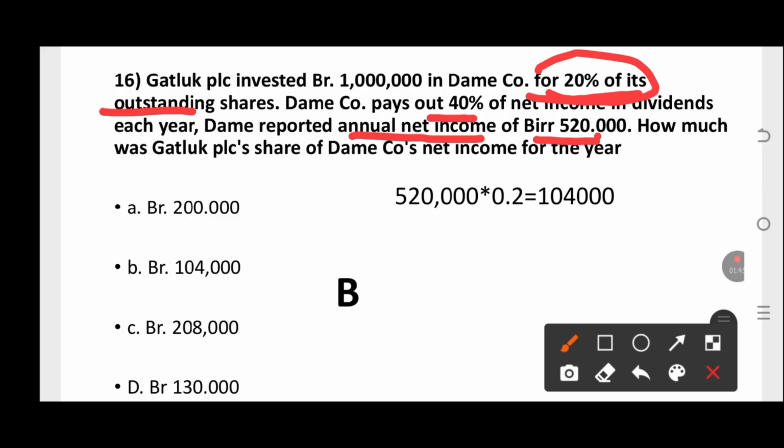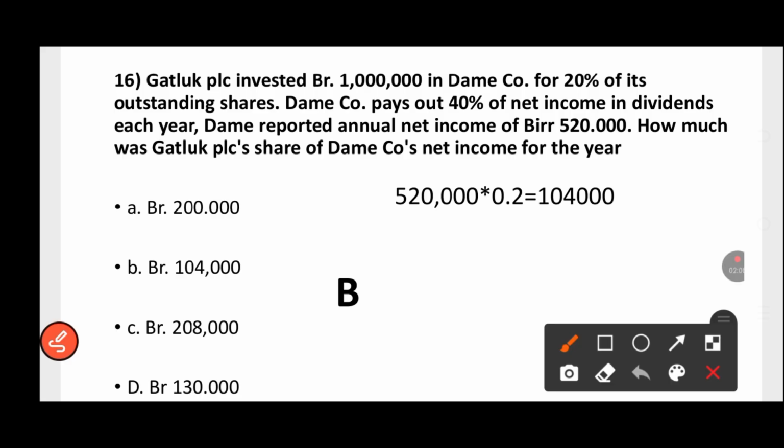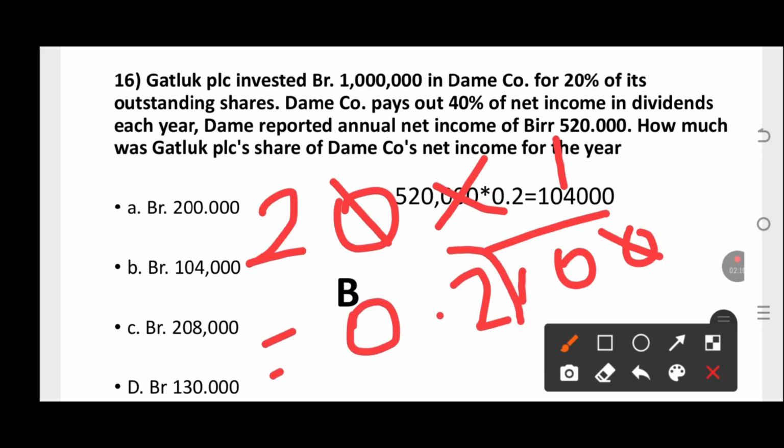His share is 20%, which means 20 times 1 over 100. Zero cancelled by zero, 2 divided by 10 equals 0.2. So 0.2 is his share.